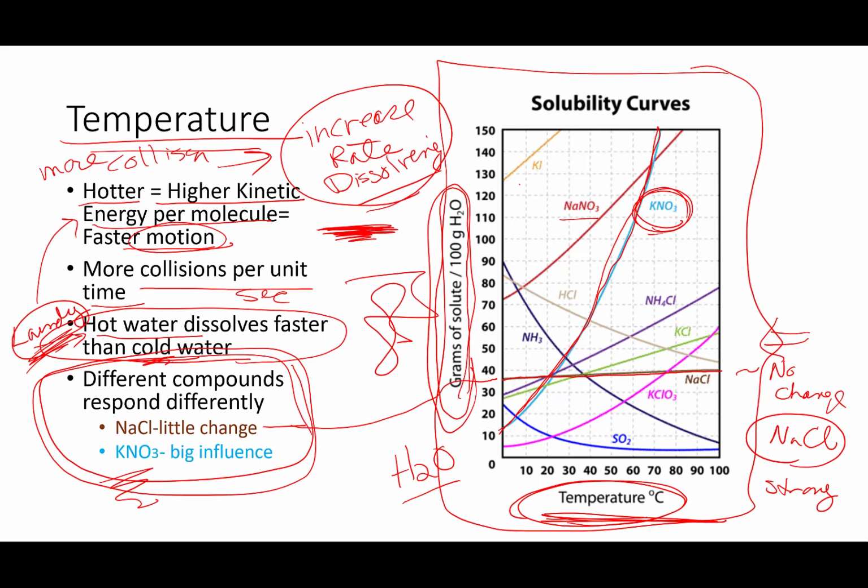Sodium nitrate, potassium iodide, hydrogen chloride, actually for HCl, actually has a reverse solubility curve you can see right here. So every compound is going to be a little bit different, and that is why chemists study these things. This is a basic chemistry class. We're not going to go into it in great depth, but I do want you to know, in general, hotter means an increased dissolving rate for most things.